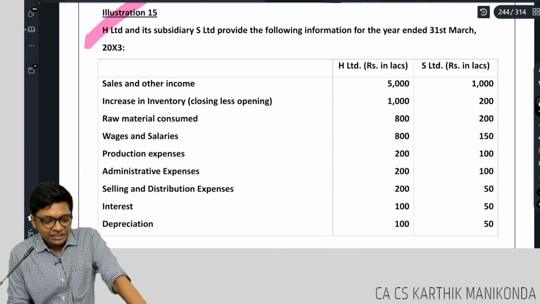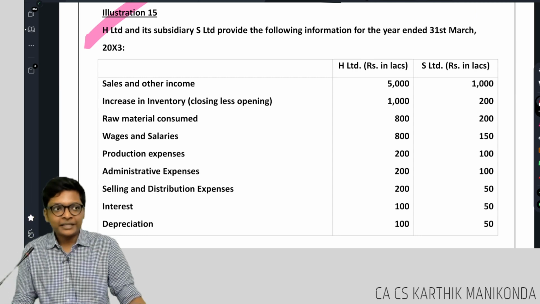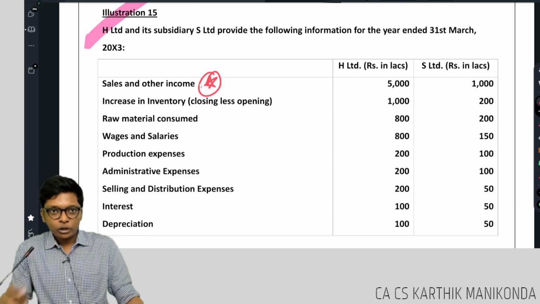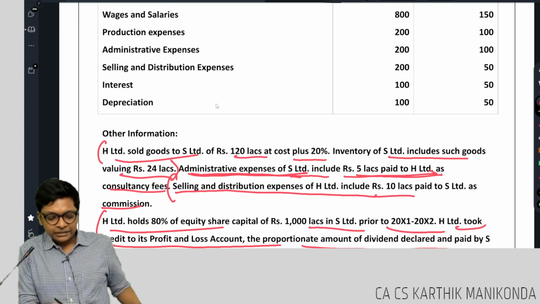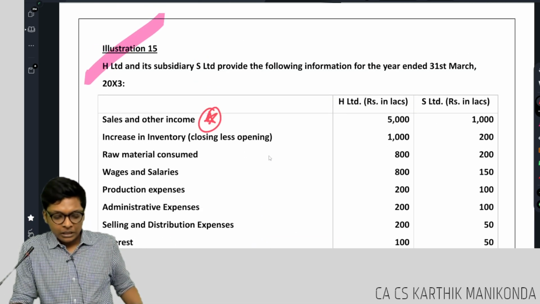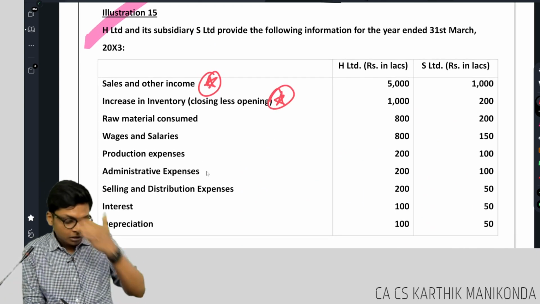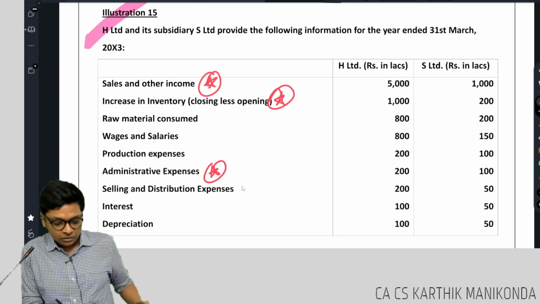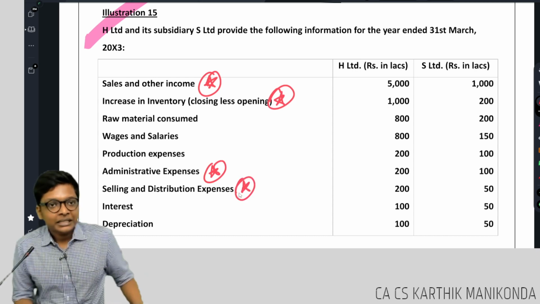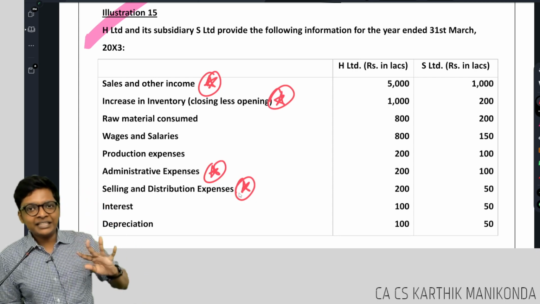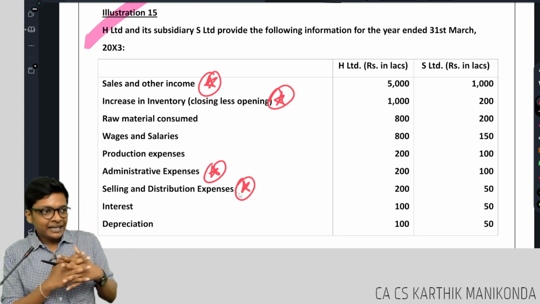Now looking at the question, tell me where all there is an impact. Sales, there is an impact because there is intercompany sales 120, correct? Inventory also will have an impact, unrealized. Then you have admin expense and selling and distribution expense. Apart from these 4 items, everything else is line by line addition.